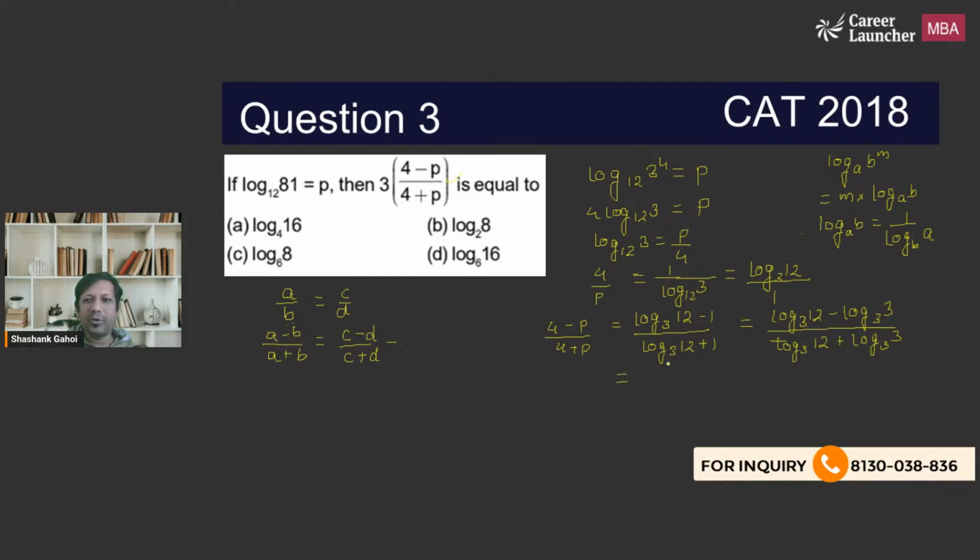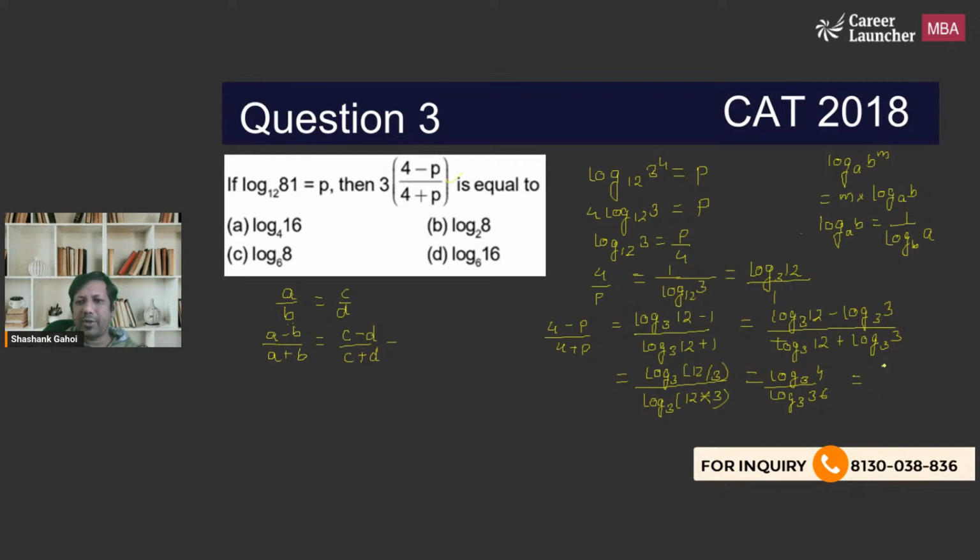Now in the numerator I am going to get log of a minus b, which is log base 3 of 12 upon 3, and in the denominator it is going to be log base 3 of 12 into 3. And that's it. We are good to go. We can say log base 3 4 upon log base 3 36. So this is what we are getting simply.